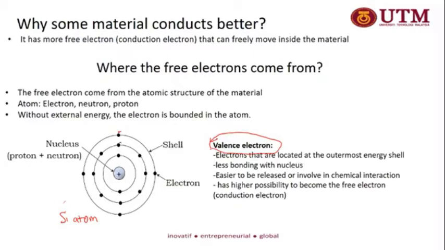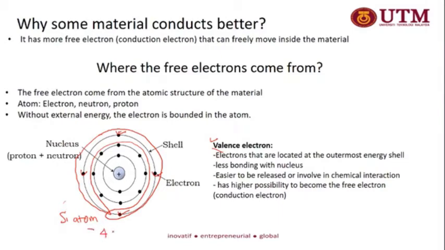For this silicon atom structure, the outermost energy shell is the last one, the third shell. So you see these are the valence electrons. How many valence electrons are there? 1, 2, 3, and 4. So we have 4 valence electrons. The silicon atom has 4 valence electrons.